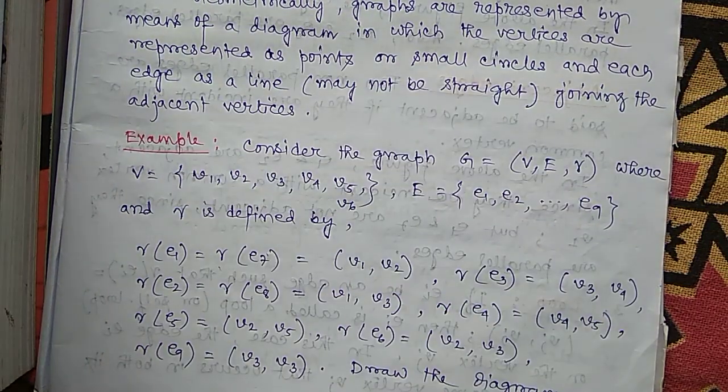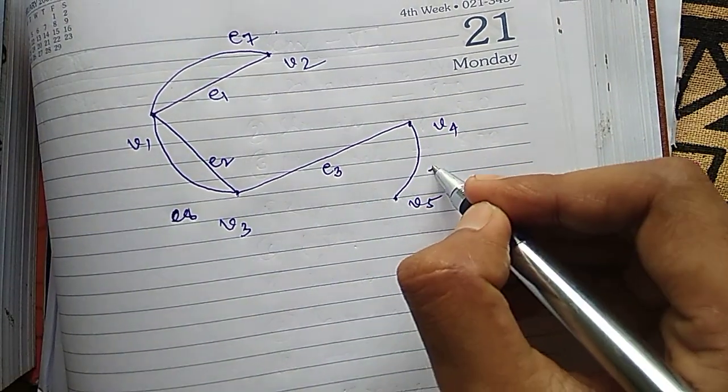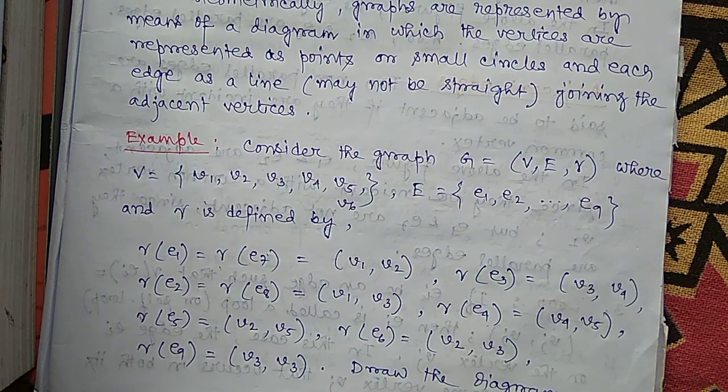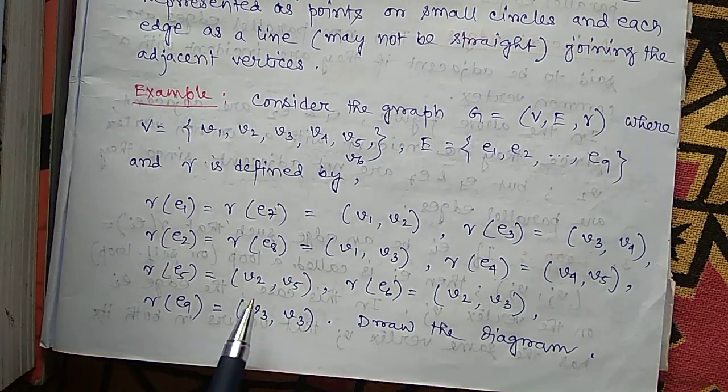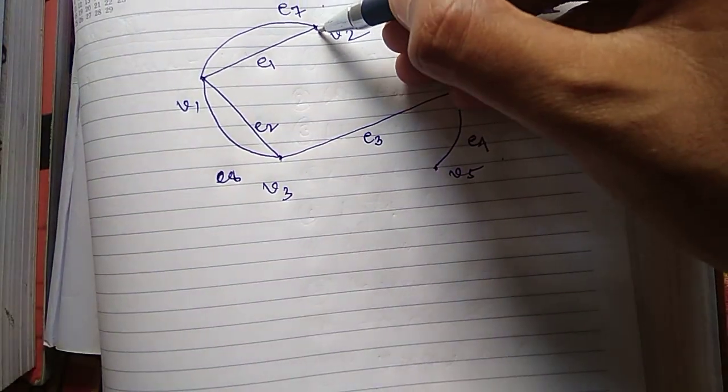e4 is in between v4 and v5. This is e4. e5 is in between v2 and v5, v2 and v5.